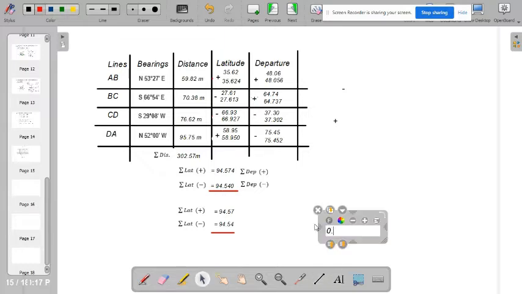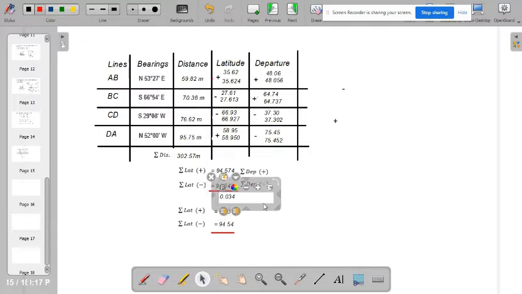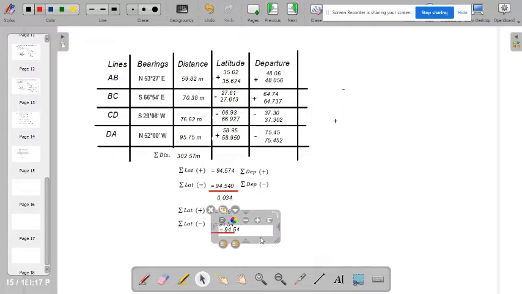The other one is only 0.03. That's the difference. Okay, so let's try to do the departure.